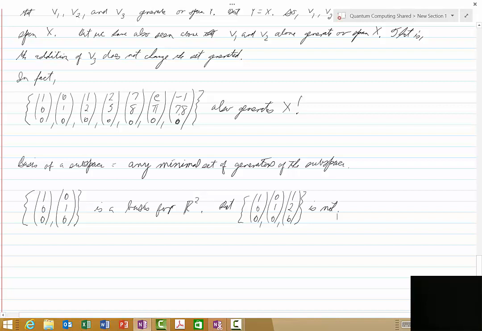Now you might be wondering, how do we know that this is minimal? How do we know that we couldn't take one of them away? Well, you can try it, and you'll see if you took the second one away, you would just get the set of all vectors that have both y and z equal to 0, and so that would just be the x-axis. And likewise, if you took away the first one and had only the second one, you would get only the y-axis. So you can't take either one of those away. You need both of those. And so this is a basis for R2, but this one is not.